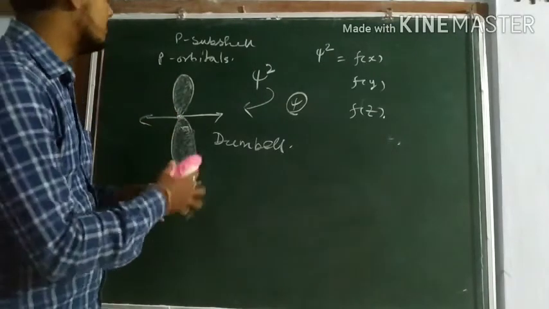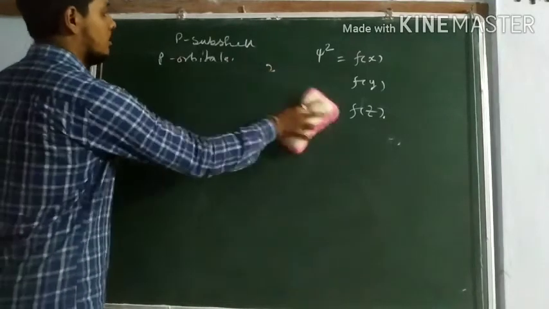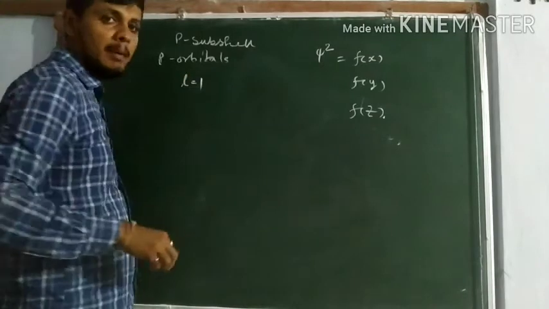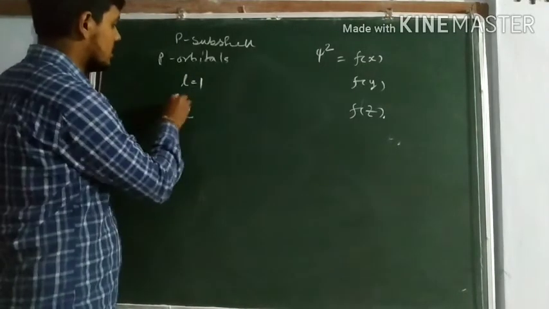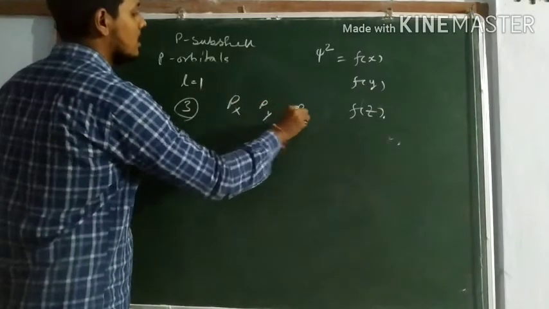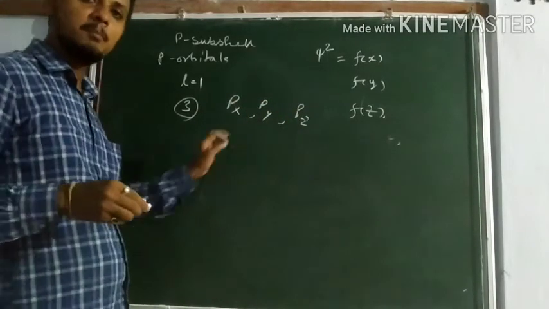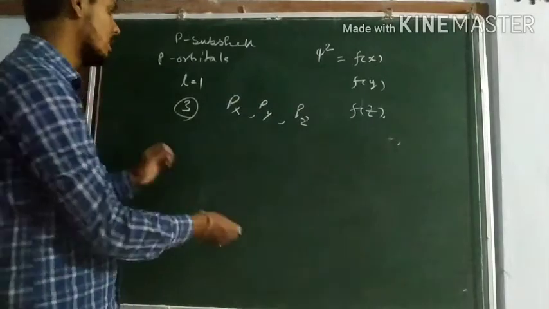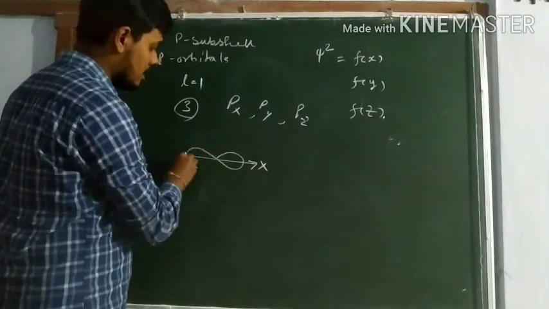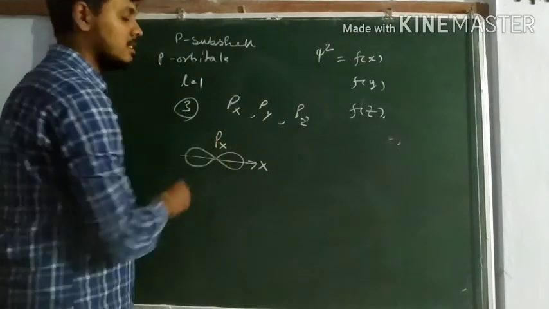Now, when we take L equals 1, there will be 3 orbitals. We said px, py, pz. The difference between px, py, pz is their orientation. If I take the x axis, then the px orbital will be along the direction of the x axis.